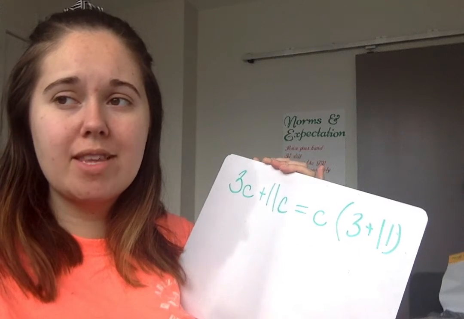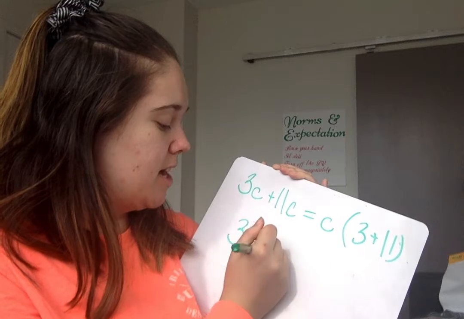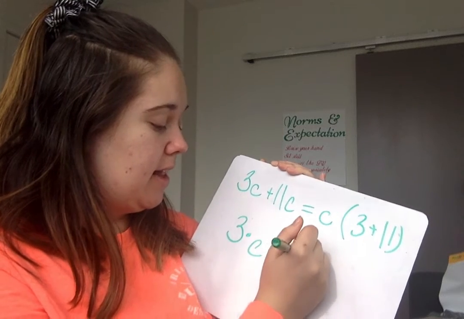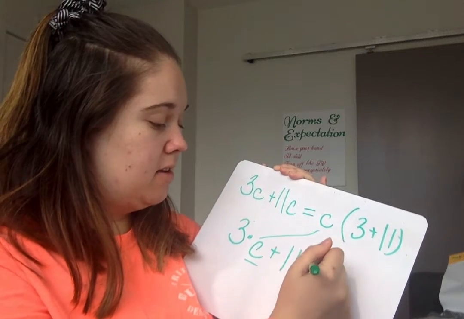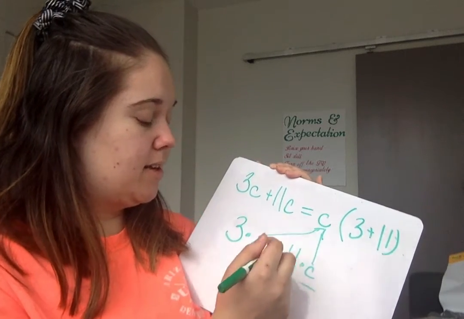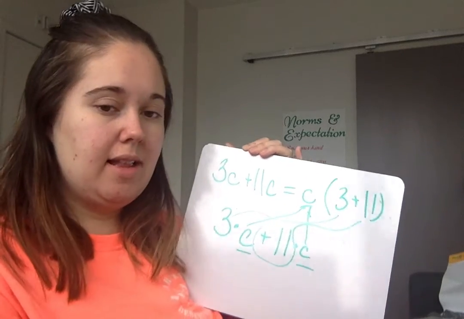If I wrote this in expanded form, you would see it's 3 times c plus 11 times c. And we see this c comes in handy here. So that's why it's there. And then we do the 3 plus 11. So 3 plus 11 is being multiplied by c. That's why we write it that way.